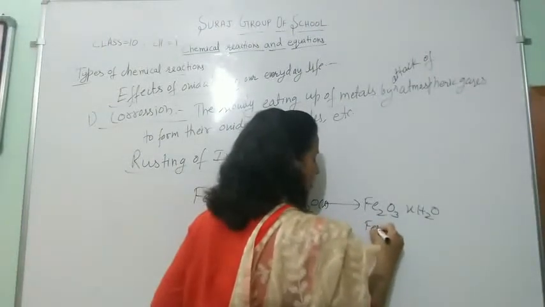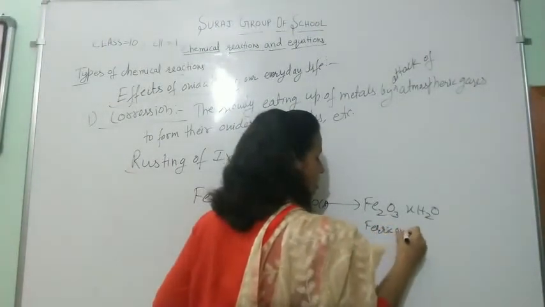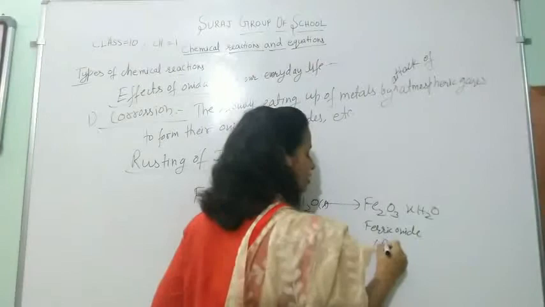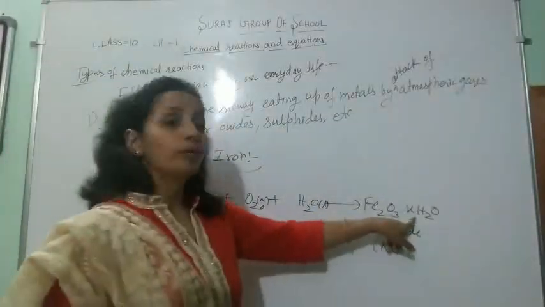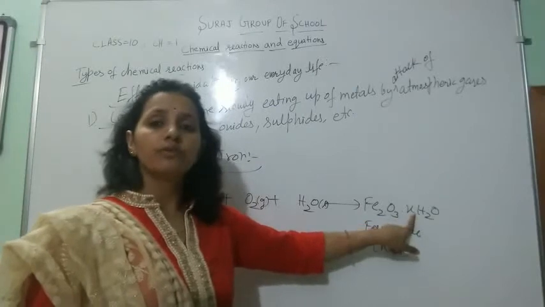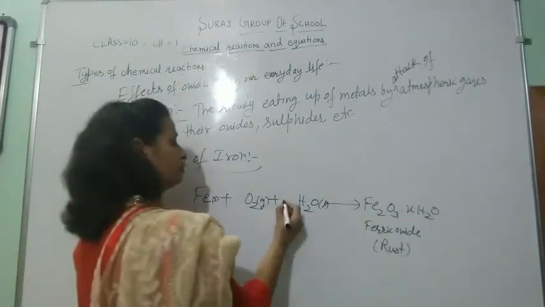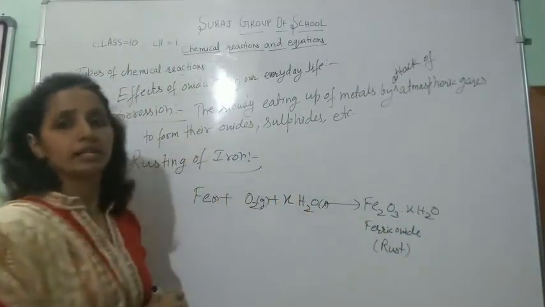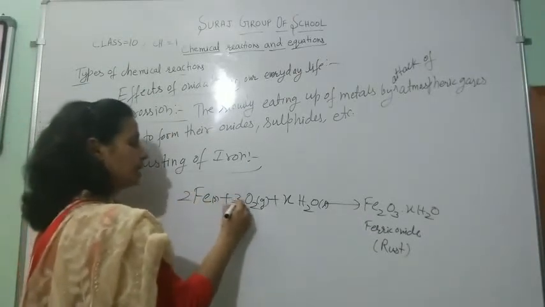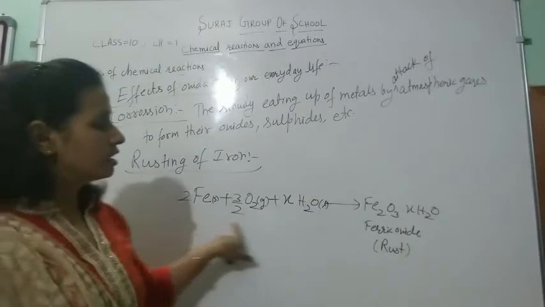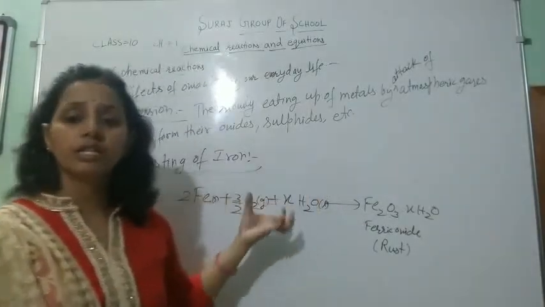This is the formula of ferric oxide, which is commonly known as rust. We don't know how many water molecules are attached with this compound. That's why we balance the equation, placing X here and 2 and 3 by 2. So this reaction takes place in rusting of iron.